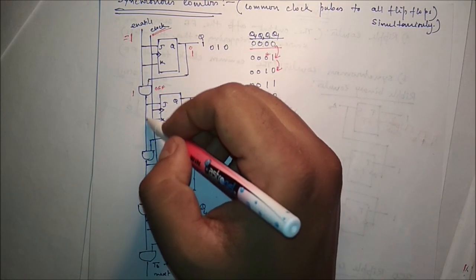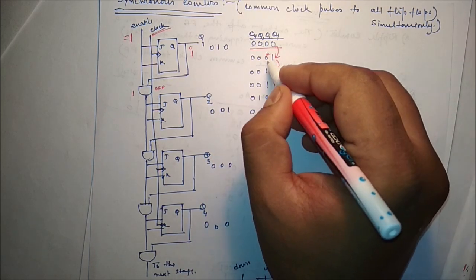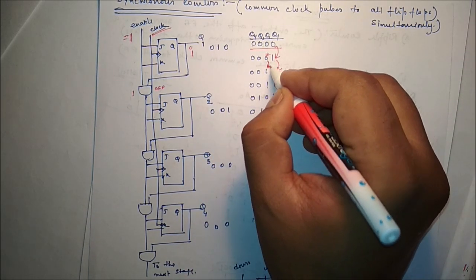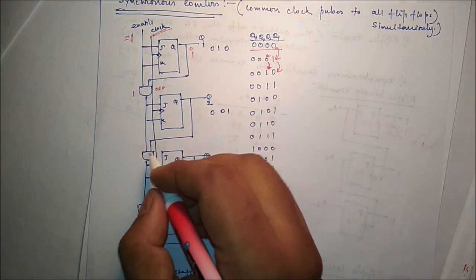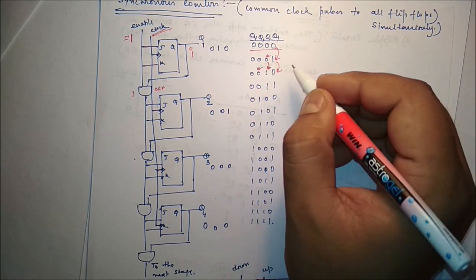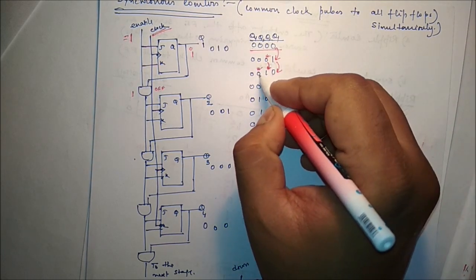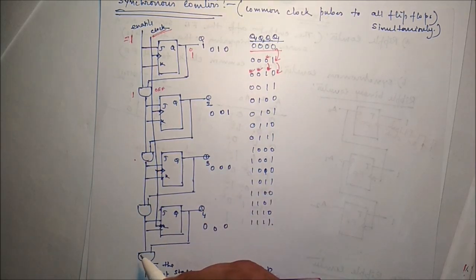Since both are 1 1, it will change its state, now 0 to 1. But previously the content of Q is 0, that means it is in off condition. Since it is off condition, it will not change the content of this particular state as well as this particular state, because these AND gates are in off condition.